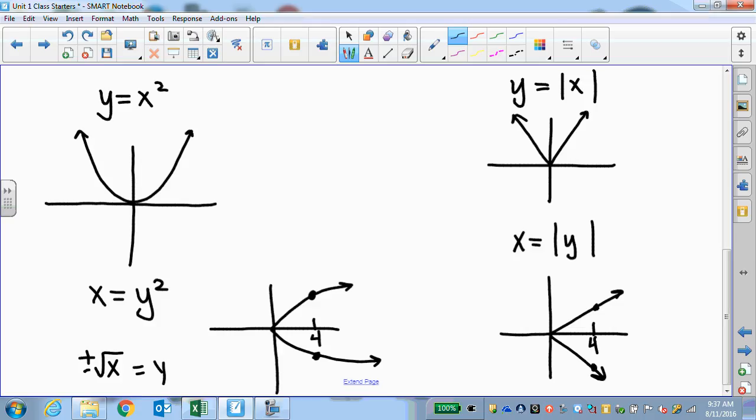All right, so I'm going to boil it down for you. Here's what you're going to put in your notes about functions. Here's how we're going to know if an equation represents a function or not.